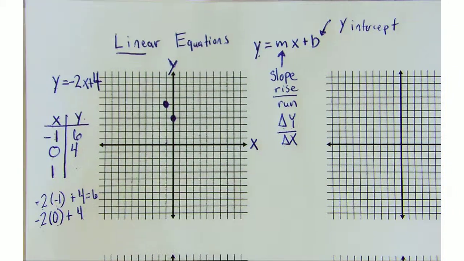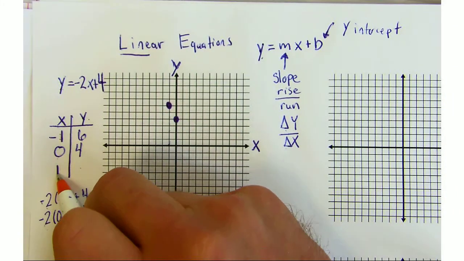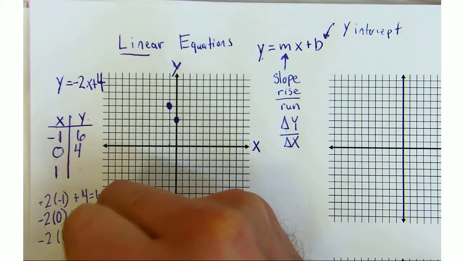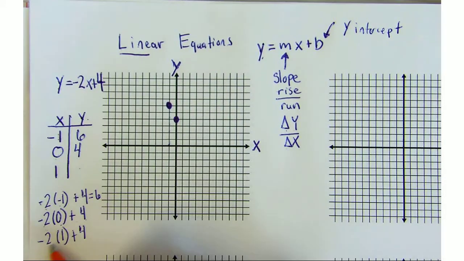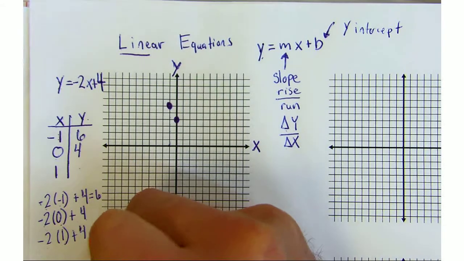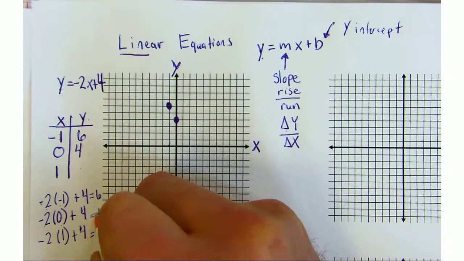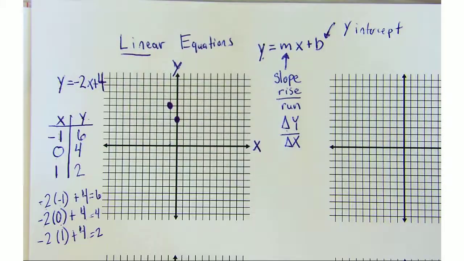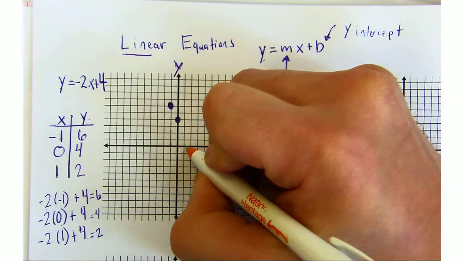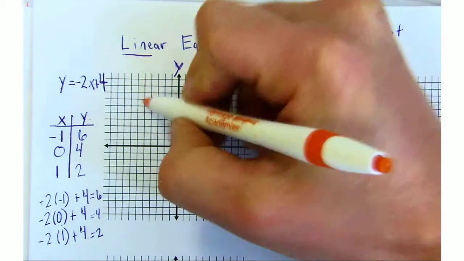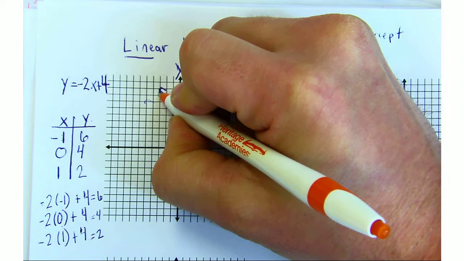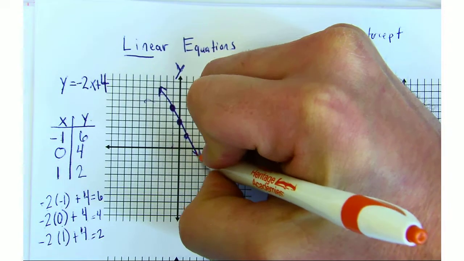Then the third point: -2 times 1 plus 4. That's -2 plus 4, which equals 2. So (1, 2) is my third point on my line.